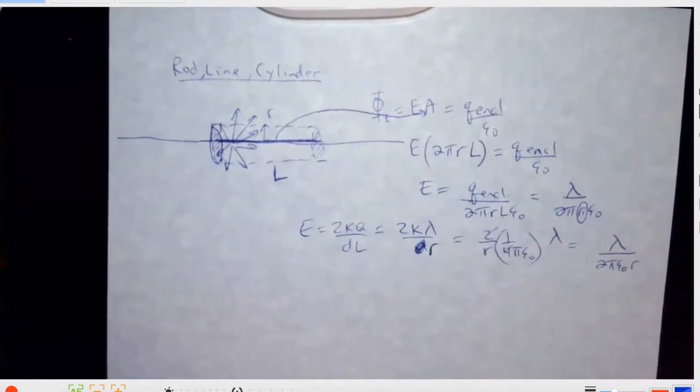So using the general equation for the electrical field of a rod, we get the same answer as the Gauss's law way by exploiting the cylindrical symmetry. Okay.